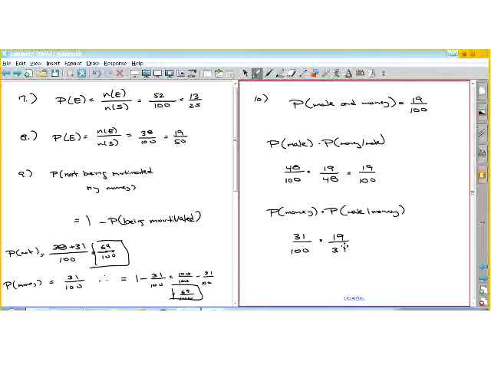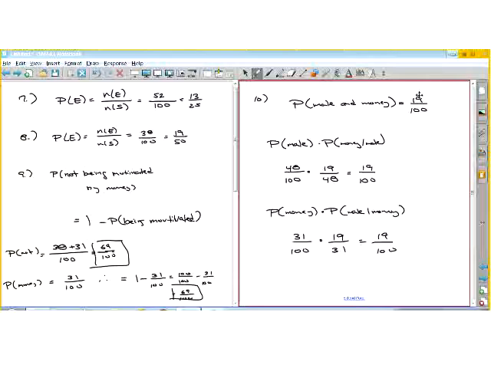So the probability you like money is 31 out of 100. Then given that you like money, the probability that you are a male, you have to take the number of males who like money over the total number of people who like money. And again, the 31s cancel out, and you end up with 19 over 100.